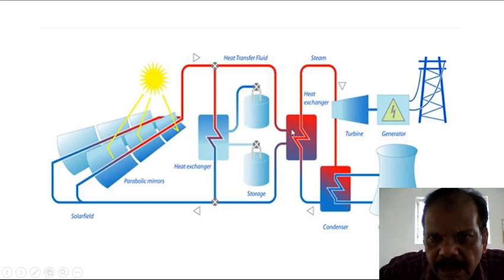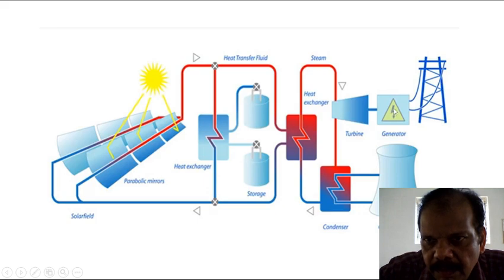It will transfer its heat to the water to convert it into steam, and this steam will be used in a turbine to convert its energy into mechanical energy. The turbine is coupled to a generator, which will generate the electricity.